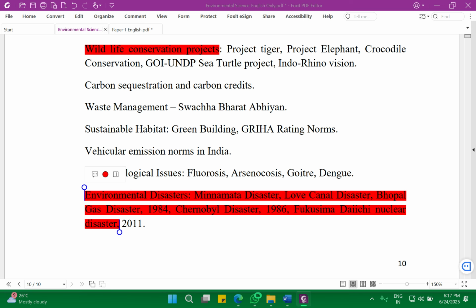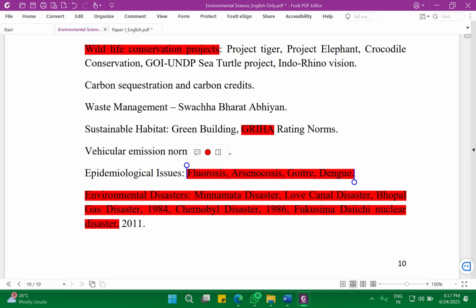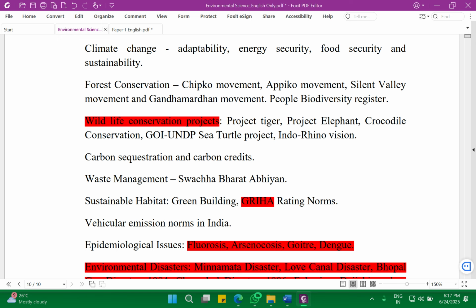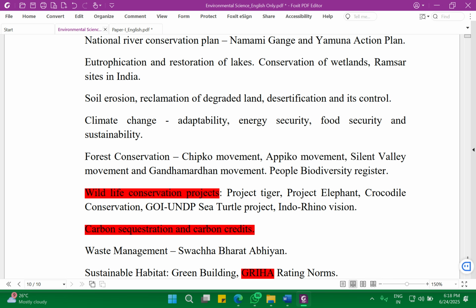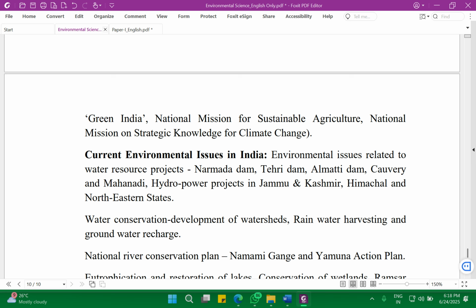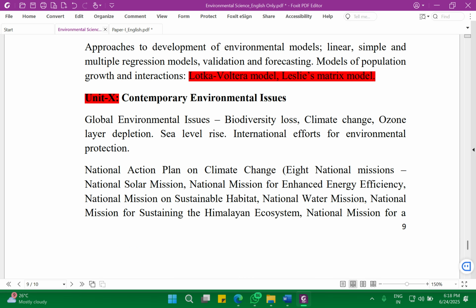And GRIHA rating, green building rating, those questions they may ask recently. The diseases I have already told: fluorosis is due to fluorine, then arsenic. So those kinds of things you need to note. And definitely you may expect some questions related to sequestration and carbon credits. So these are very easy parts. Again, don't lose any marks in this Unit 10.